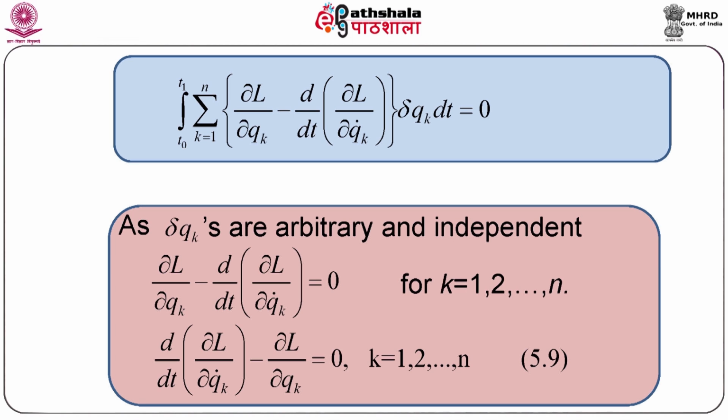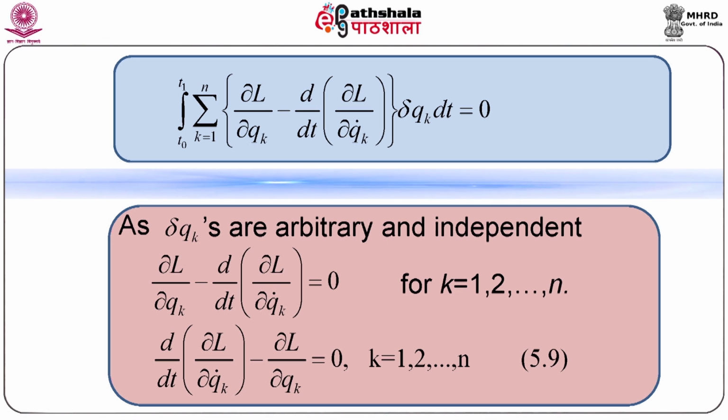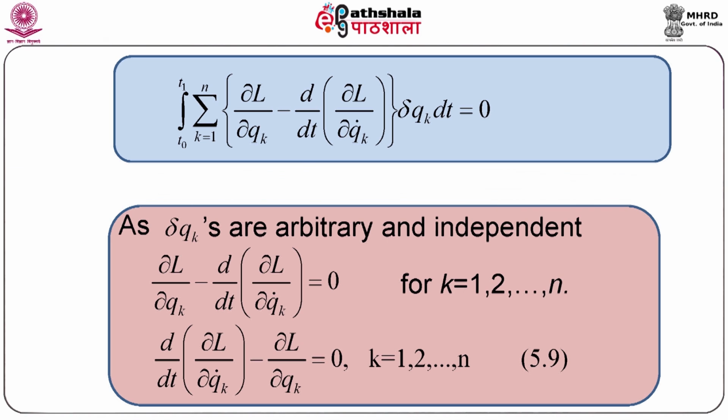This gives del L del qk minus d/dt of del L del qk dot equal to 0 for k equal to 1, 2 up to n, or d/dt of del L del qk dot minus del L del qk equal to 0 for k equal to 1, 2 up to n.